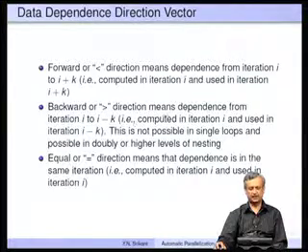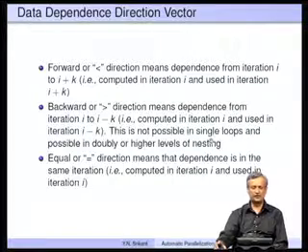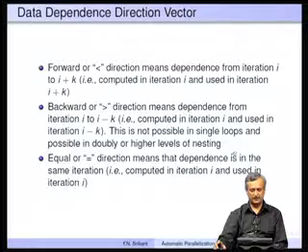This direction means dependence is from iteration I to the iteration I minus k. In other words, you compute in iteration I and you are using it in a previous iteration I minus k. So, this sounds a bit weird. Definitely it is weird. It is not possible to have this type of a direction vector component in single loops, because loops run in one direction. You can't come back and execute one of the previous iterations again.